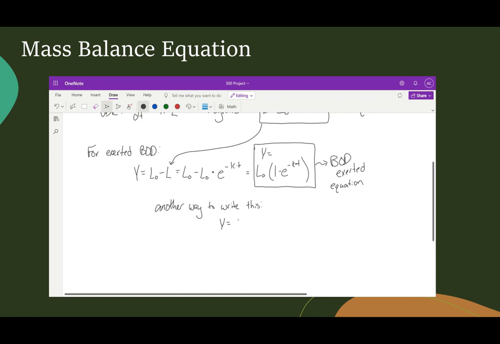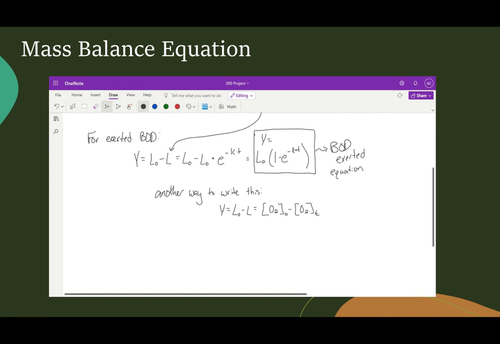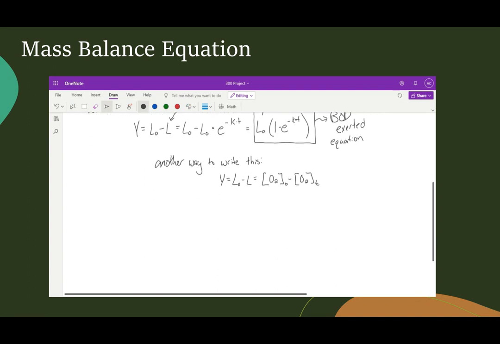So we know that exerted BOD is equal to initial BOD minus BOD, which equals O2 initial, the initial oxygen concentration, minus the oxygen concentration at a given time. So we can now solve for oxygen concentration at a given time with the use of these equations.